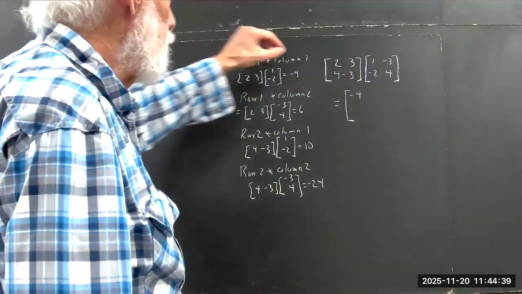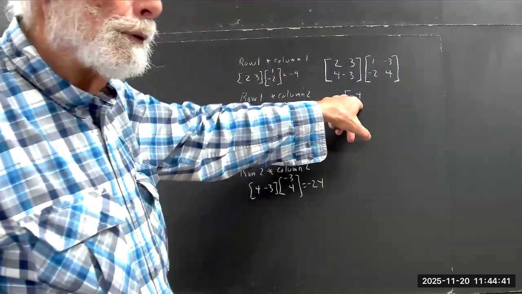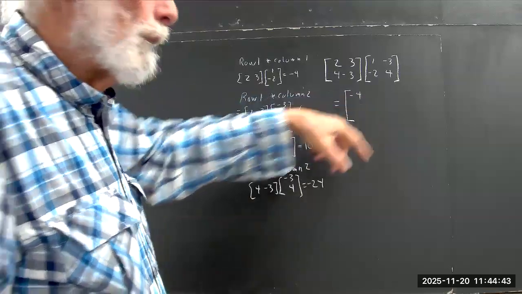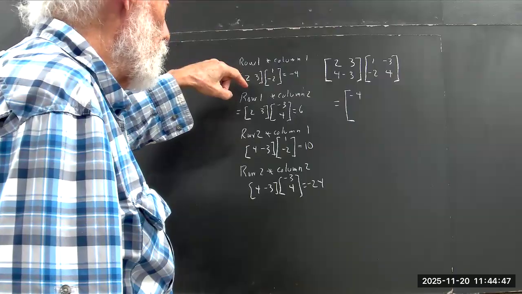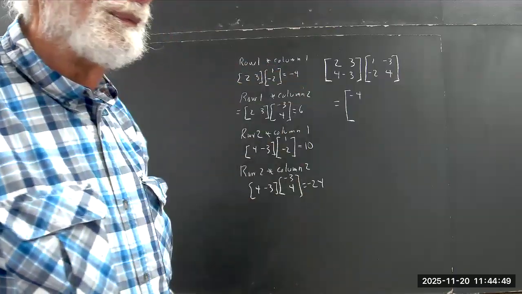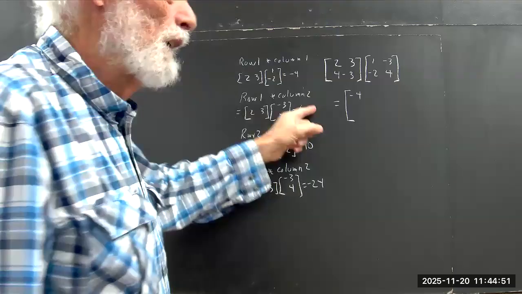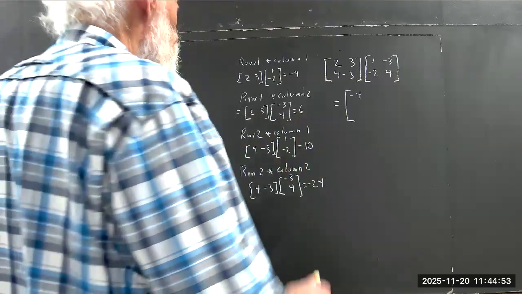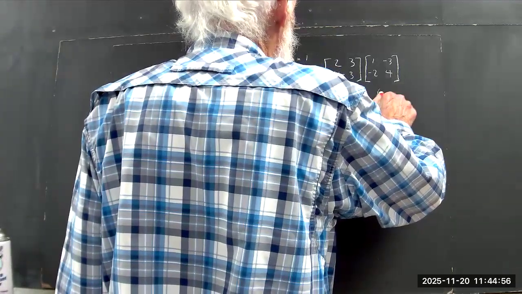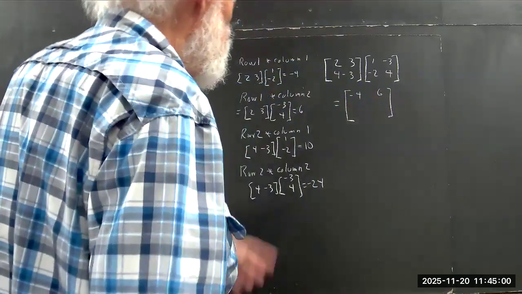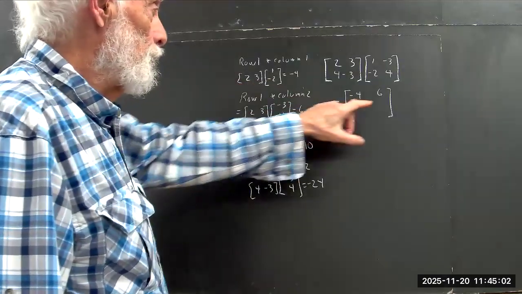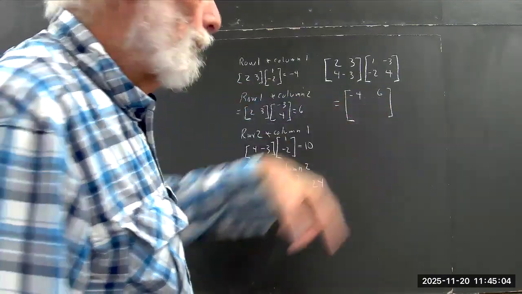What do you think I get for the number we get from row one times column two? Well, it goes in row one and column two. So 6 is going to go here. That's column two. So row one times column two goes in row one, column two.